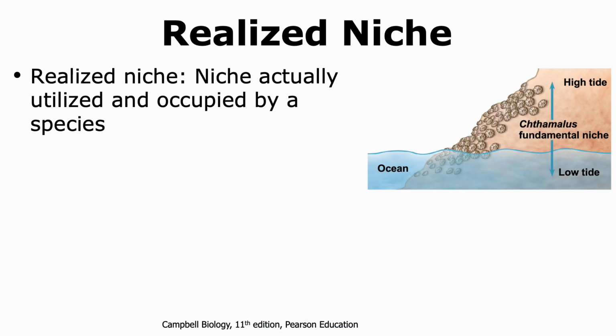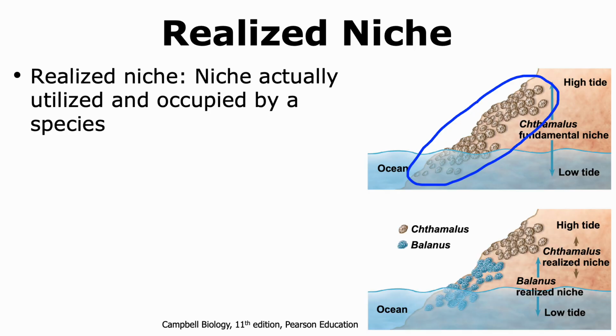While the fundamental niche is the entire niche a species can theoretically occupy, the realized niche is the one that the species actually occupies. We previously saw that Thamylus, which is a barnacle, is able to occupy the region between low tide and high tide. However, when we have the presence of another barnacle called Balanus, we see that competition between these two species happens.